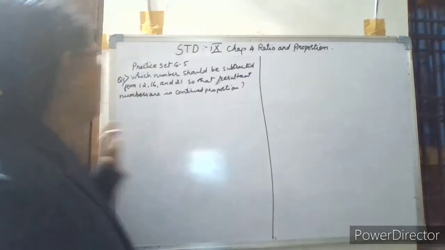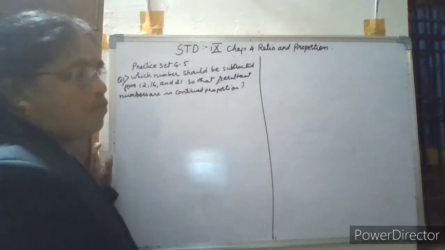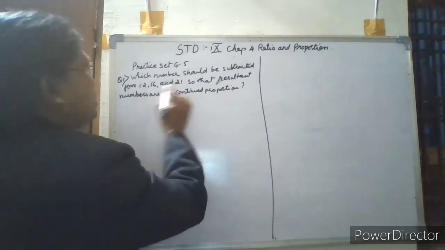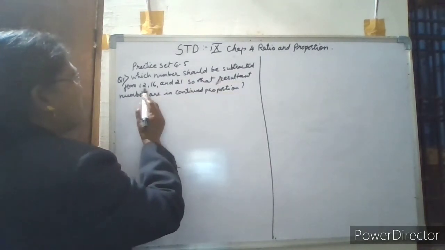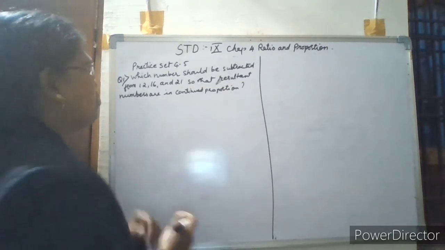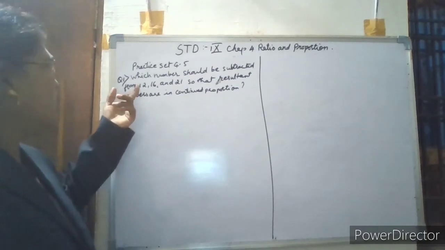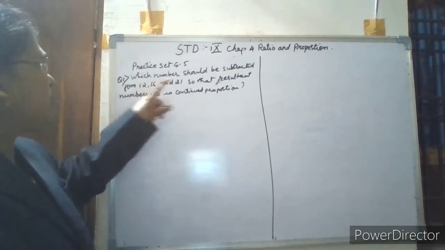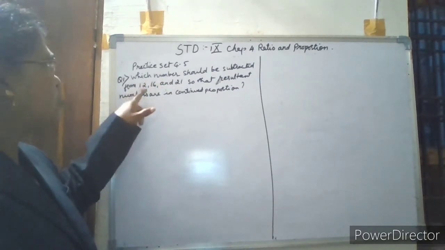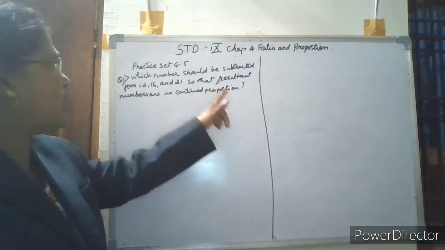Here the first question I have written, practice set 4.5. Which number should be subtracted from 12, 16 and 21 so that the resultant numbers are in continued proportion? So here three numbers are given and it is asked which number should be subtracted from all these three numbers so that the remaining three numbers are in continued proportion.